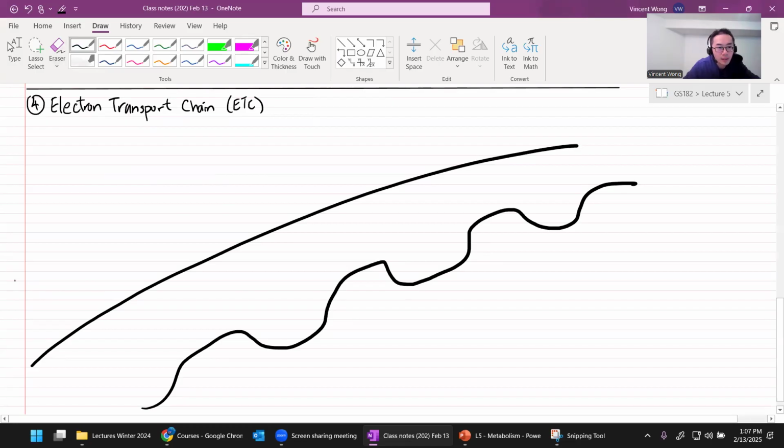So out here, that's the cytoplasm. This is the outer mitochondrial membrane. This here is the inner membrane, which forms the cristae.